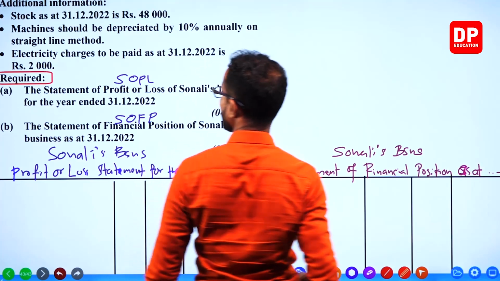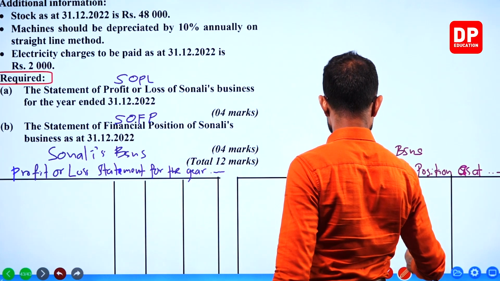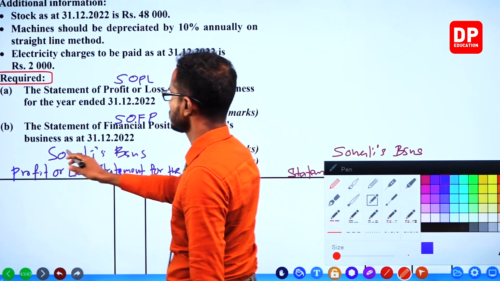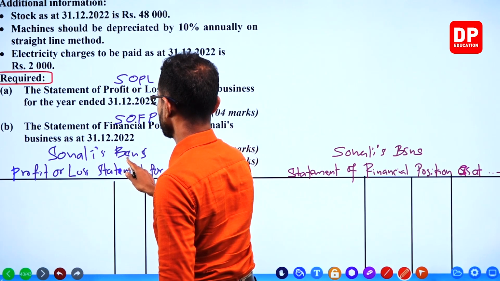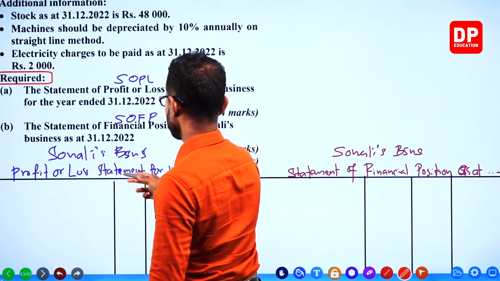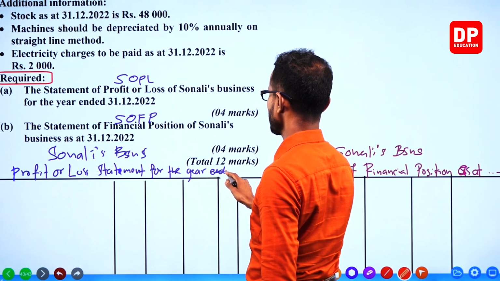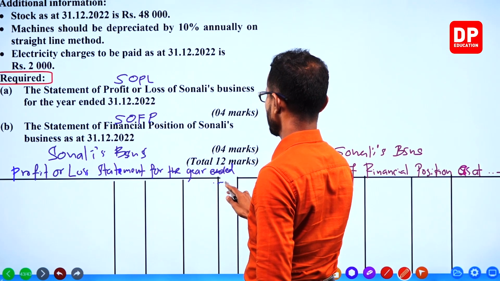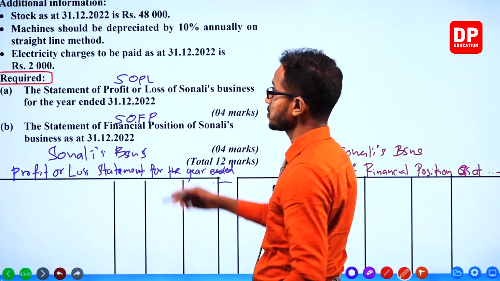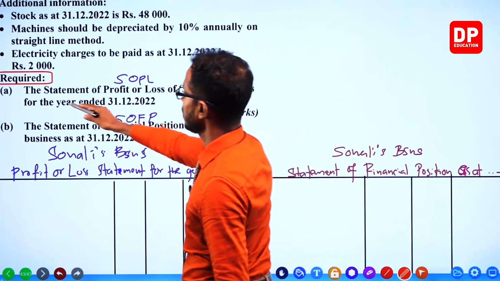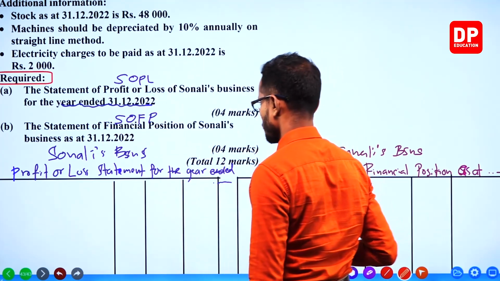Here we go. Sonali's business profit or loss statement for the year ended 31st December 2022.